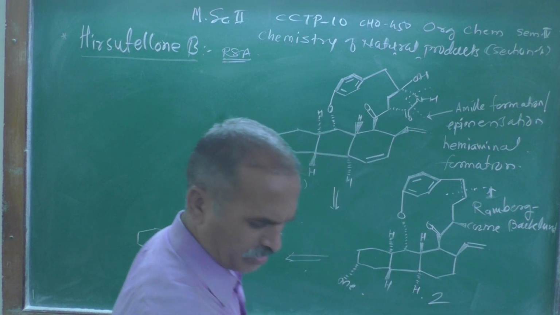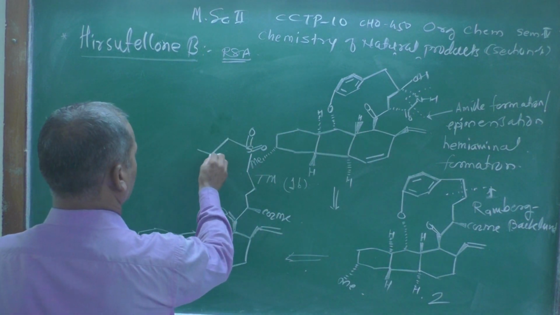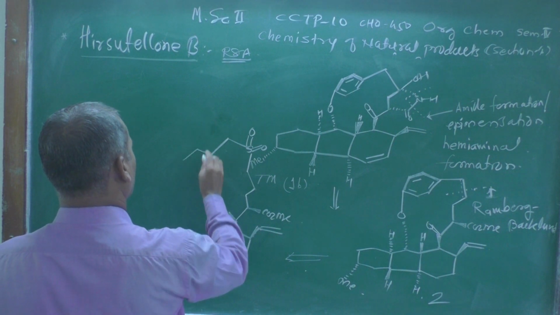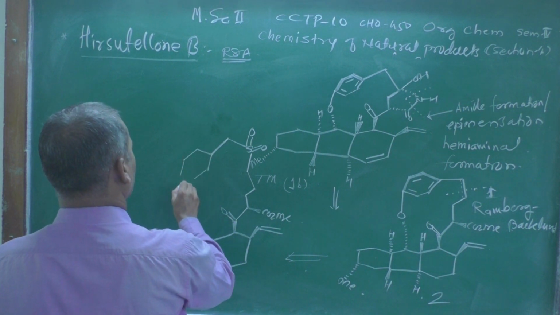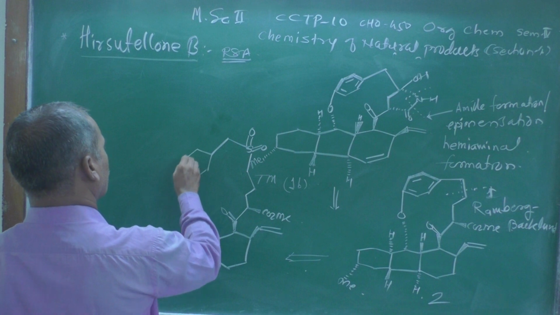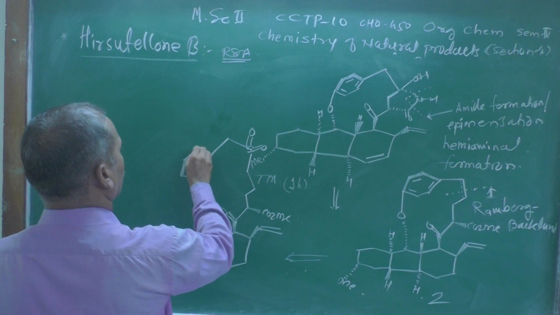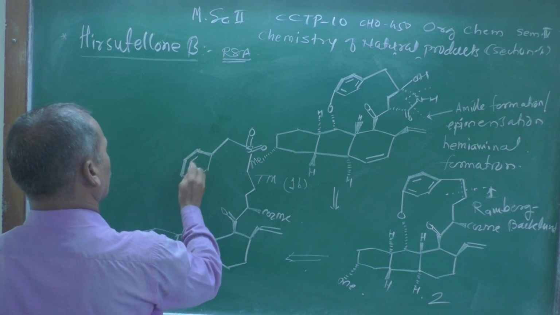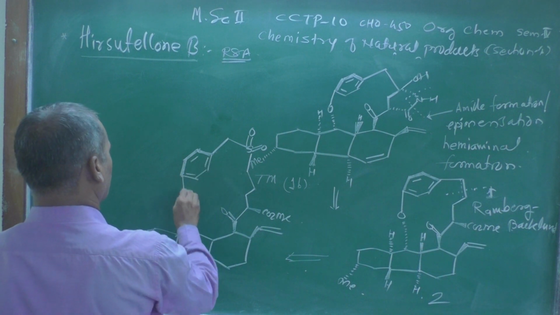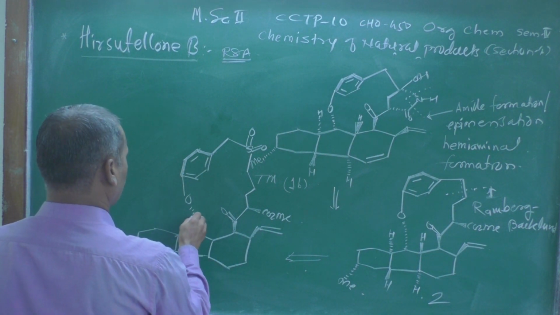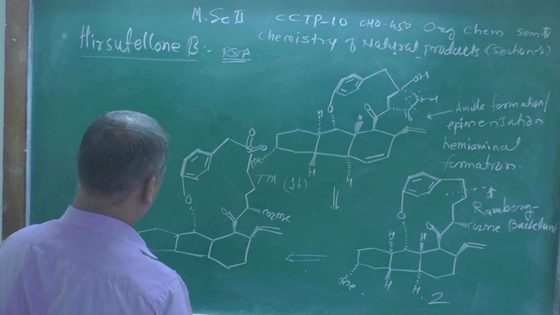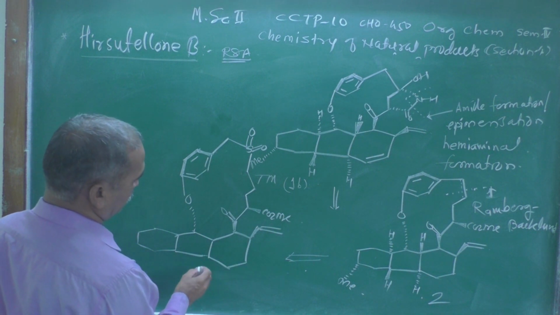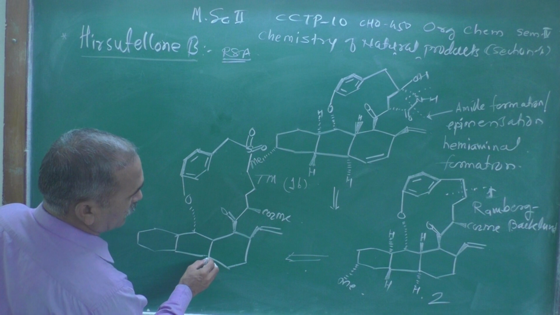There is a sulfur, then this phenyl group we can represent as it is, or we can draw as it is. This is a structure, double bond, oxygen atom, and then this is the bond, and now the rest of the thing remains as it is.